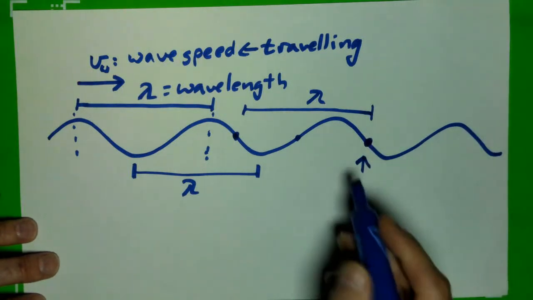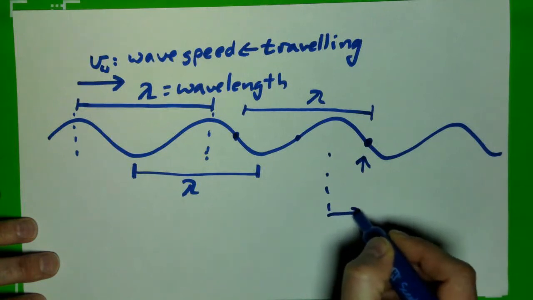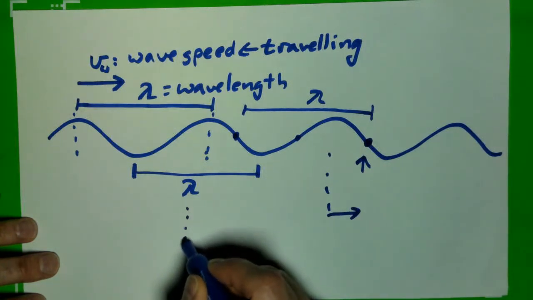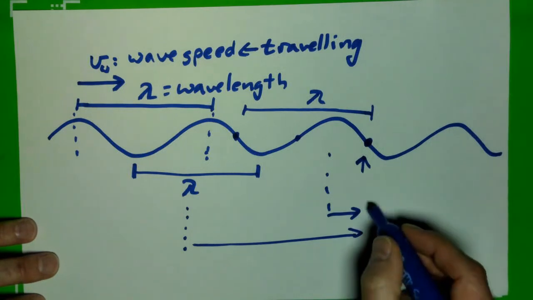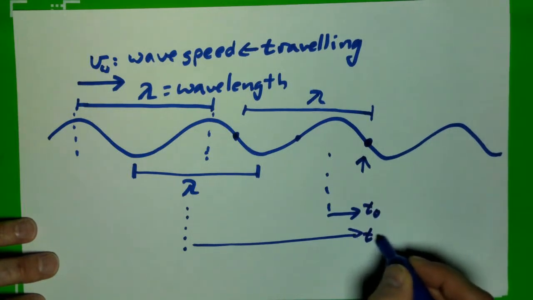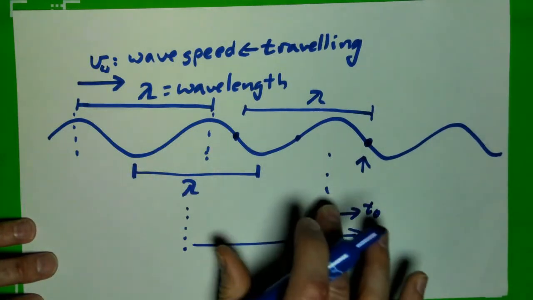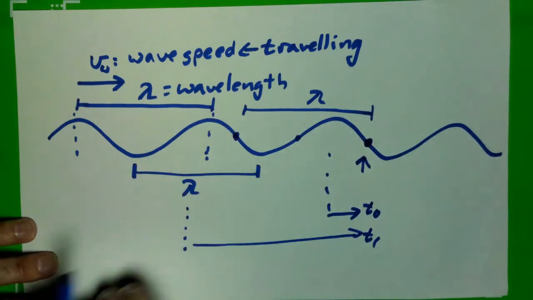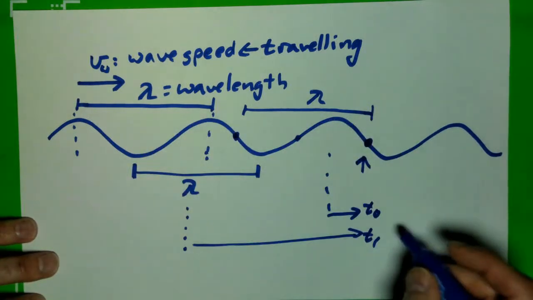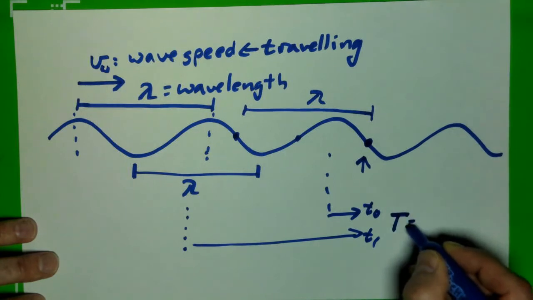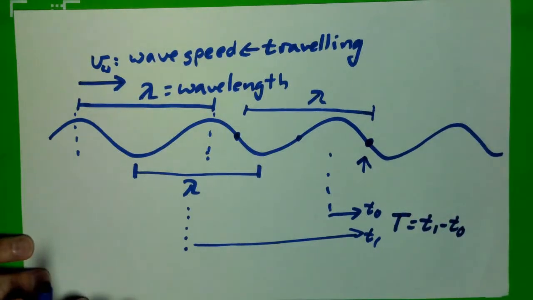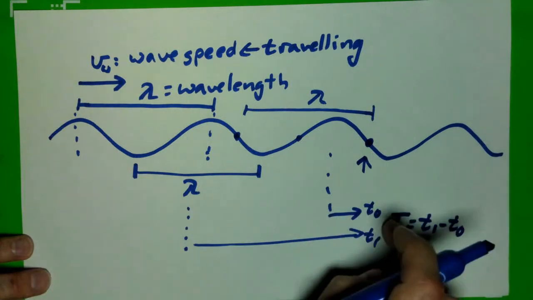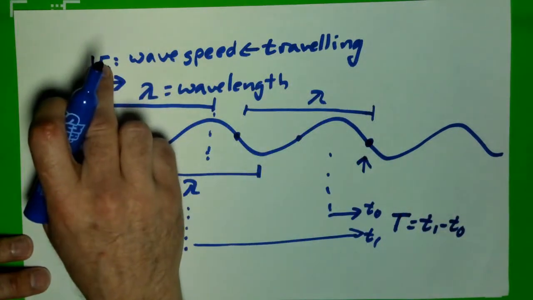So I had this one travel to there, and in that time interval, this could be T0 and T1. The time it takes for one crest to go and then the next crest is called the period.